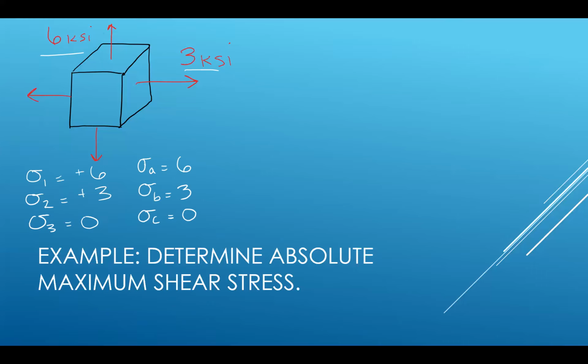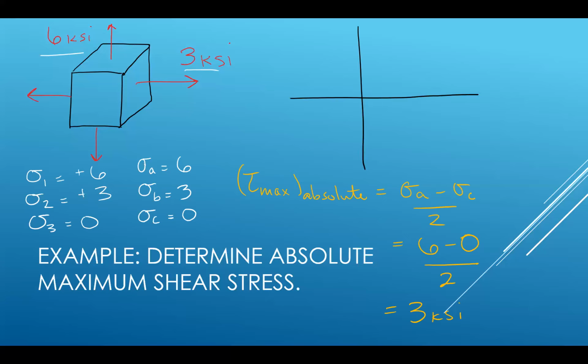So mathematically, if we want to calculate the absolute maximum shear stress, we would say that tau max absolute equals sigma A minus sigma C over 2, which equals 6 minus 0 over 2, which equals 3 KSI. And if we draw the Mohr circle, you'll see we can get that same result by looking at Mohr's circle.